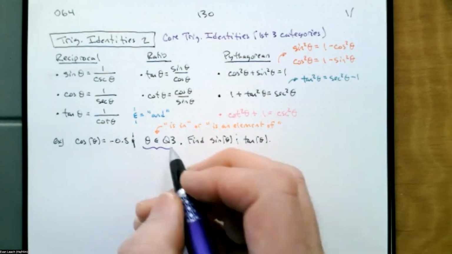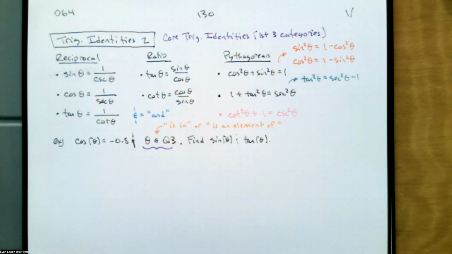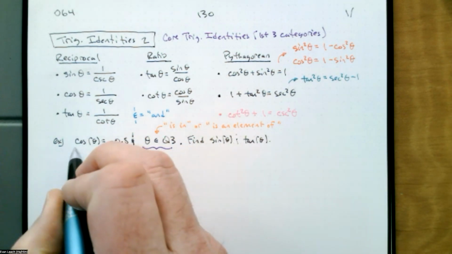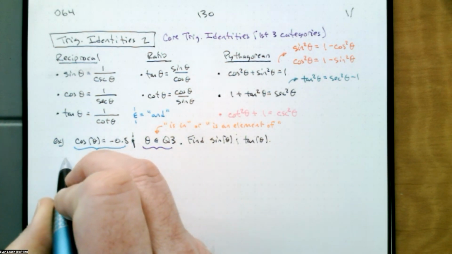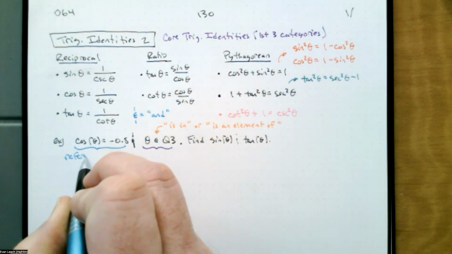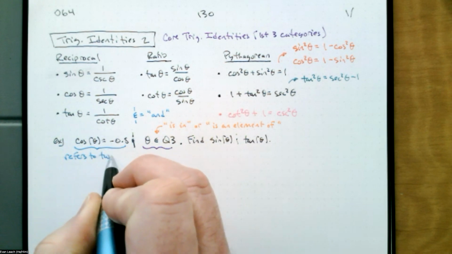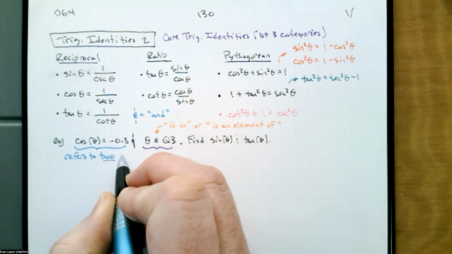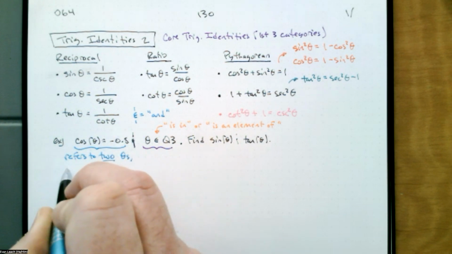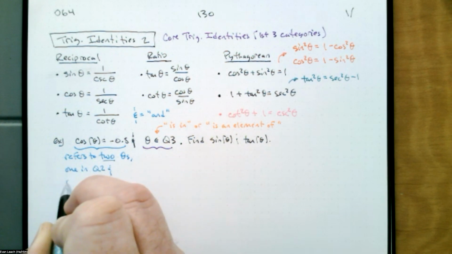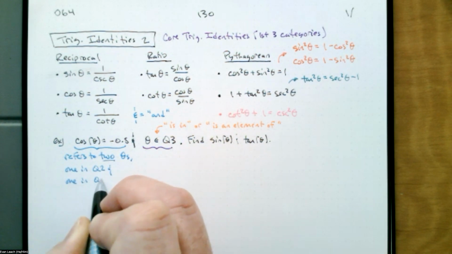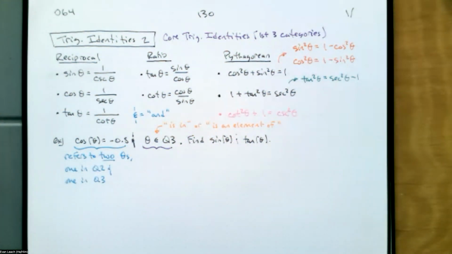So this part of the statement refers to 2 different angles, one in quadrant 2 and one in quadrant 3. Cosine is negative in quadrant 2 and quadrant 3.